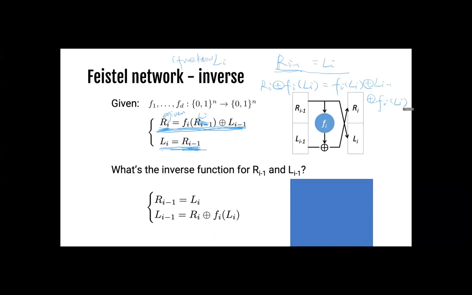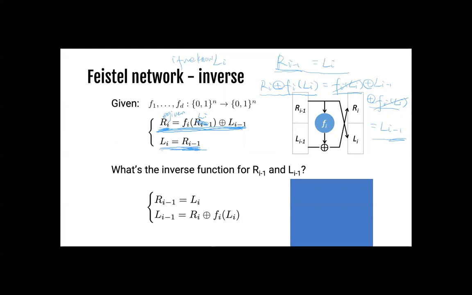And then this gets canceled out because of XOR. So that is equal to Li minus 1. That's how you can get that Li minus 1 is equal to Ri XOR Fi of Li. Okay, good.